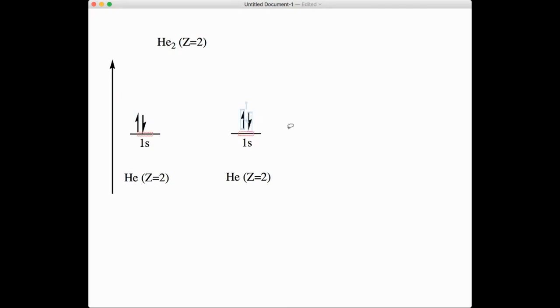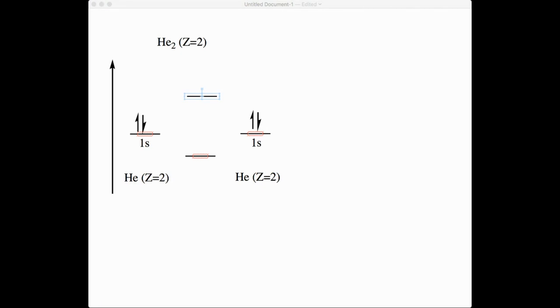Okay. So when I combine these two orbitals, as I said, if we combine two atomic orbitals, we should get two molecular orbitals. One of these molecular orbitals will be bonding, and the second one will be anti-bonding, which we know is higher in energy, right? Bonding is combination in phase, anti-bonding is out of phase, okay?